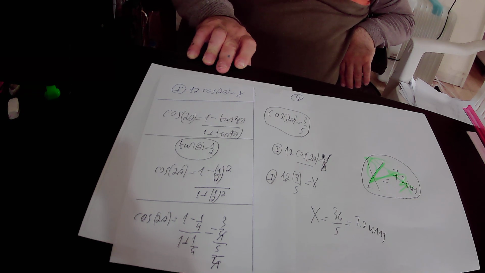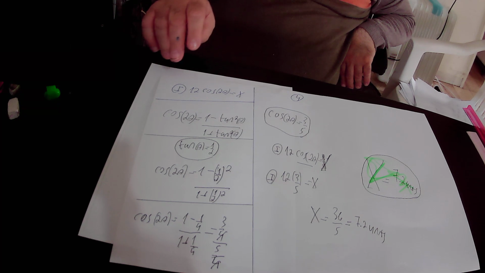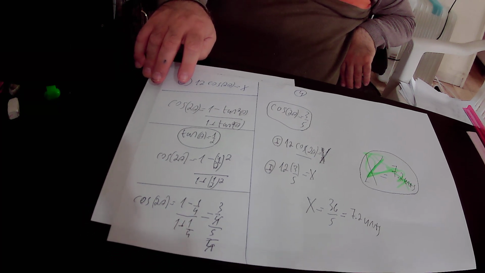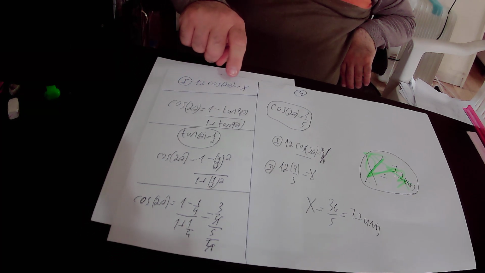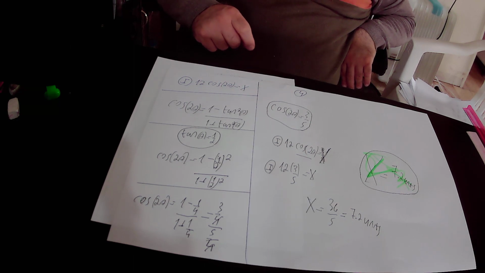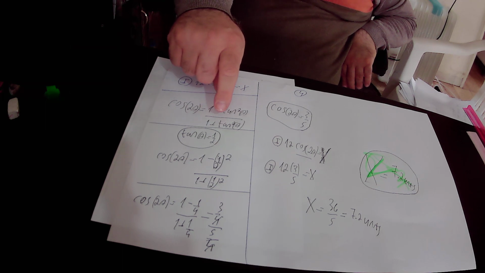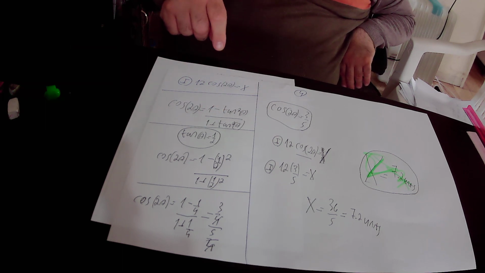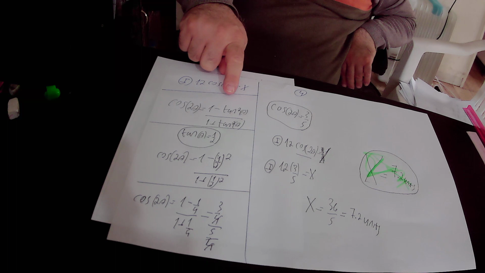And we have a trigonometric identity for cosine 2 theta. According to the trigonometric identity, cosine 2 theta equals 1 minus tangent squared theta over 1 plus tangent squared theta. And we have already found out that tangent theta equals 1/2. So we can substitute tangent theta in this trigonometric identity by 1/2.